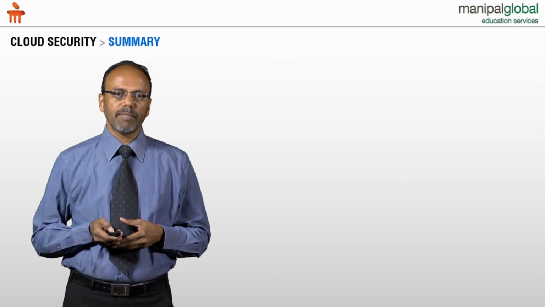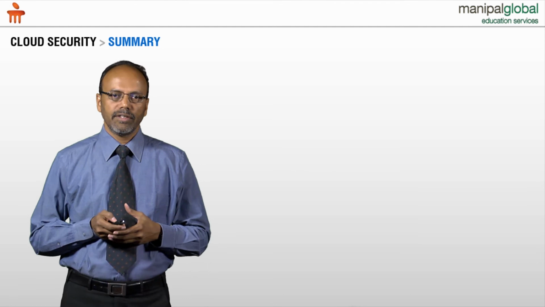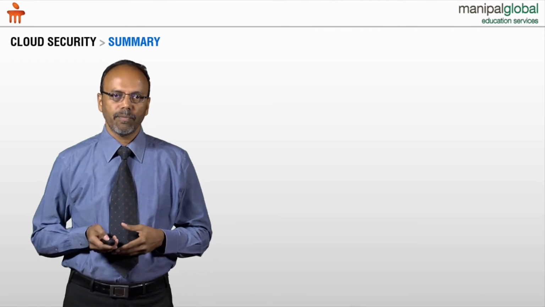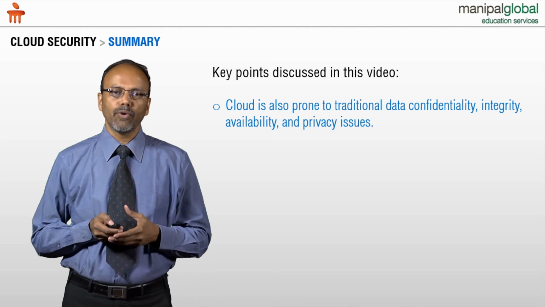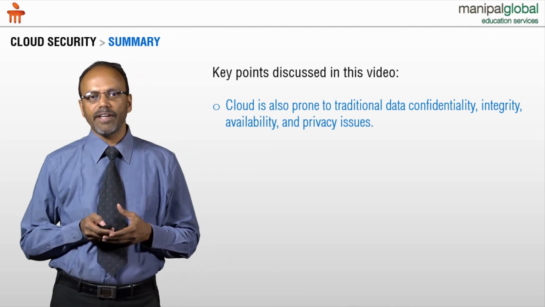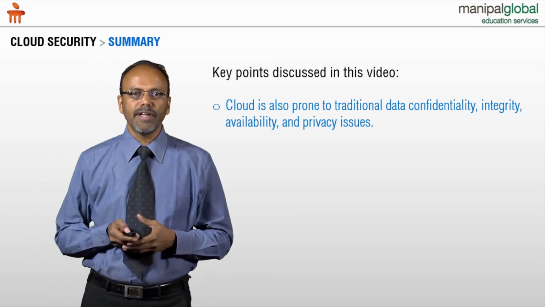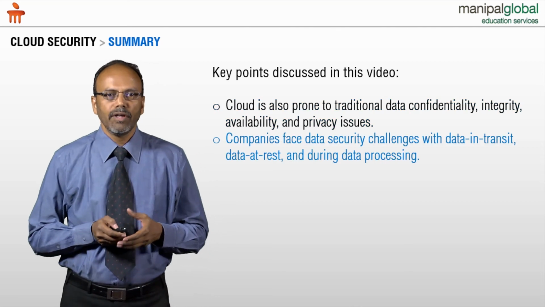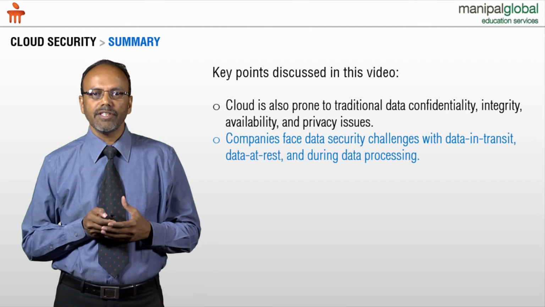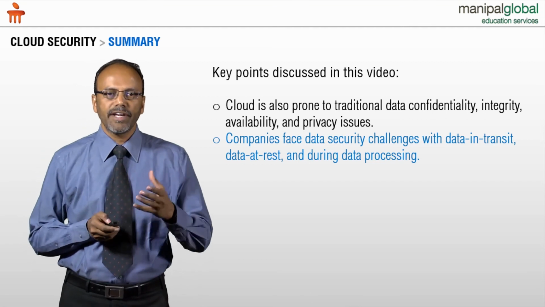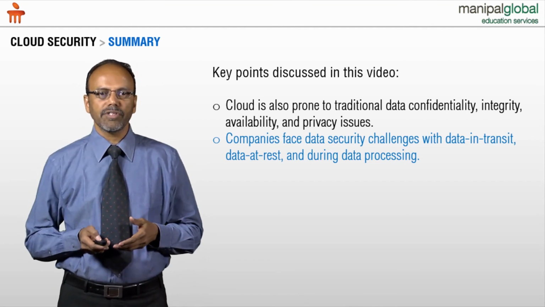Now, let me quickly summarize what we have covered in this cloud security video. Here, we have seen that the cloud is also prone to the traditional data confidentiality, integrity, availability and privacy issues. The companies face data security challenges with data in transit, data at rest and during data processing.